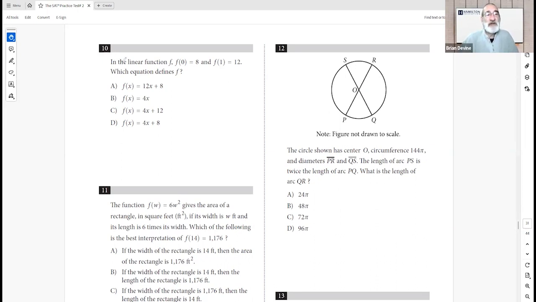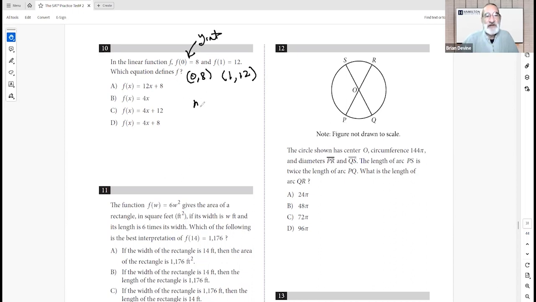In number 10, in the linear function, f of 0 equals 8, and f of 1 equals 12. Which function defines f? Well, first I'll point out this is the y-intercept. And I'll also point out they just told us that (0, 8) and (1, 12) were on this particular function.